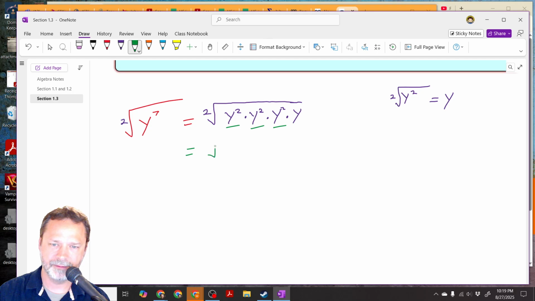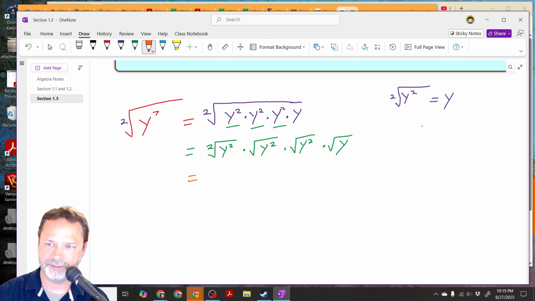If I want to be really specific, let me rewrite this as the square root of y squared times the square root of y squared times the square root of y squared times the square root of y, because I have a property that lets me do this: the square root of x times the square root of y is the square root of xy. Of course, I'm going the other way there.